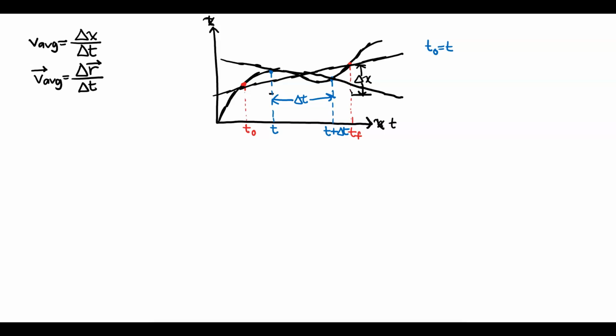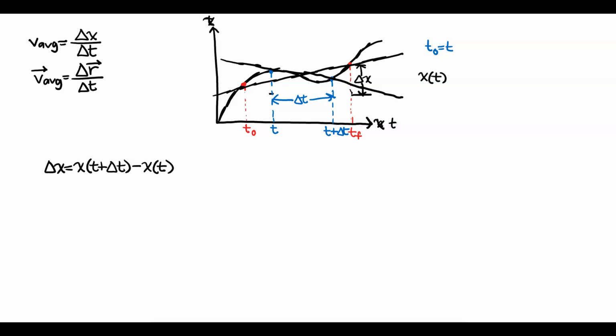Now, what we're going to do is find our change in position. Okay, so if we were to imagine this curve as x of t, it's a function, right? It's position as a function of time. So the change in position will be x of t plus delta t minus x of t.